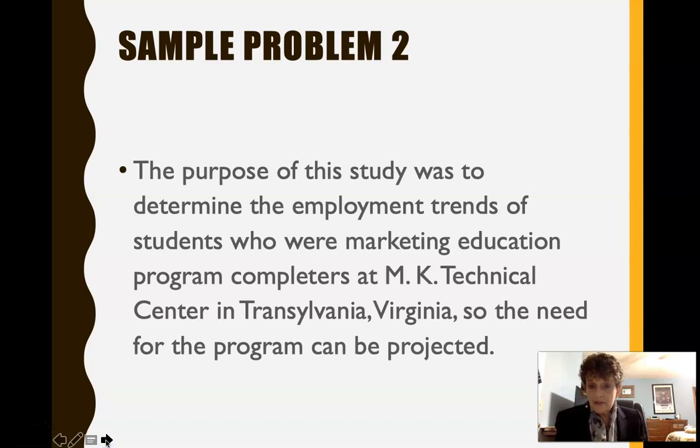One way would be to clear this up by saying the purpose of this study was to determine the employment trends of students who were marketing education program completers, because that's a career and technical education term, at MK Technical Center in Transylvania, Virginia, so the need for the program can be projected. There's other ways you could say this. There's other things you could say about a study of technical education in Virginia. This is just one example. I'm sure that you can think of many others.